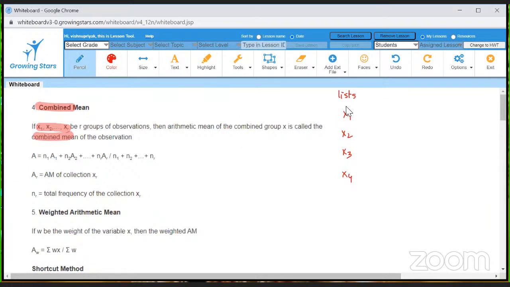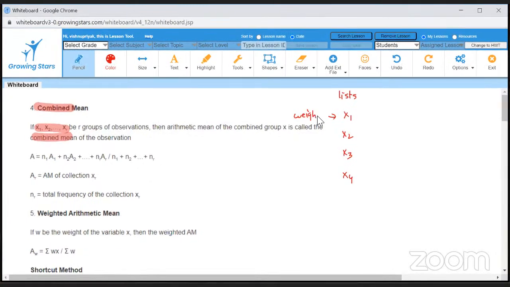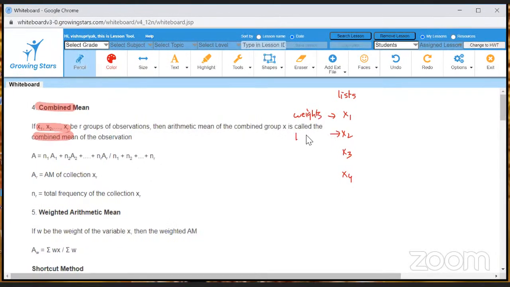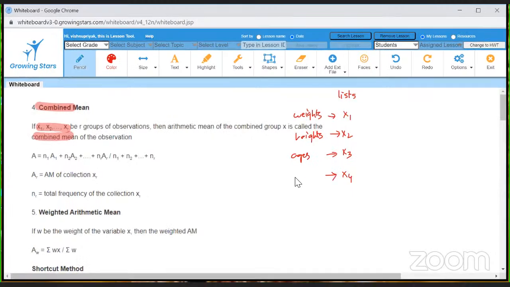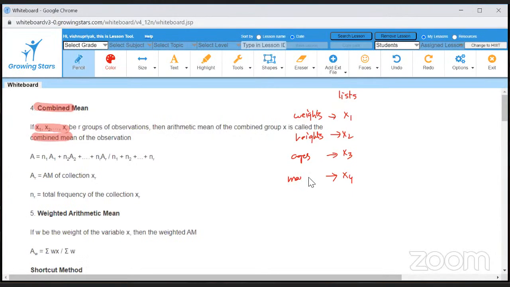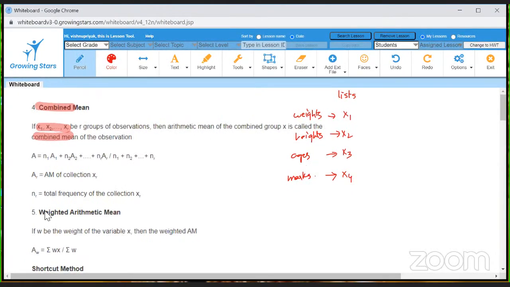Like X1 is the list of weights, X2 is the list of heights, X3 is the list of ages, X4 is the list of marks. Different observations, different lists will be there. I'm talking about combined mean. So how to find the combined mean?